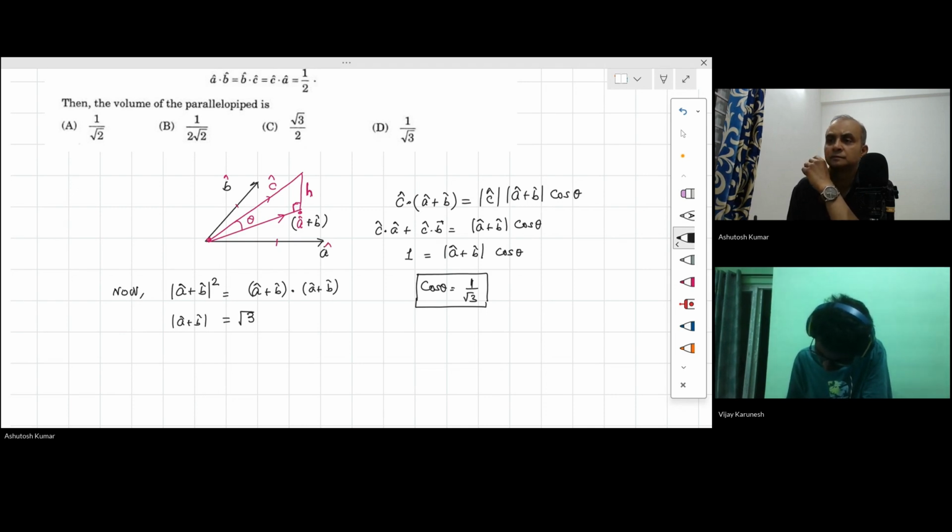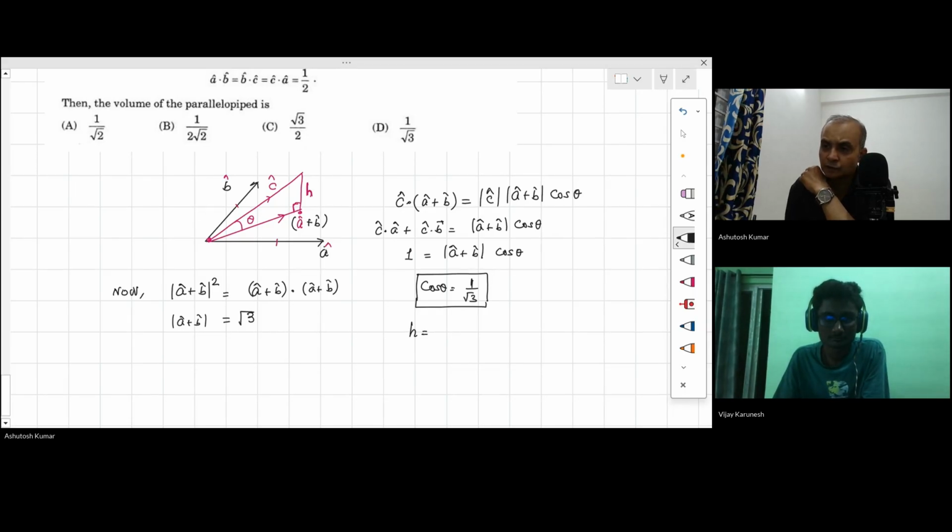H we are getting root over 2 by 3, sir. H is equal to root over 2 by 3, means root 2 by 3, correct? No, sir, root 2 by root 3. Yes, root 2 by root 3. So h we got root 2 by root 3.